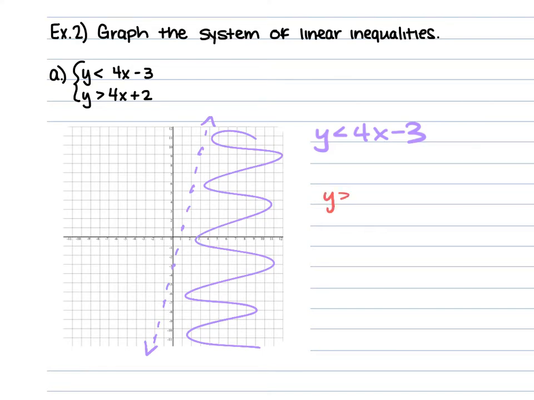For y is greater than 4x plus 2, we're going to have 4x and then up 2 to the right 1. And this line is going to be dotted as well.